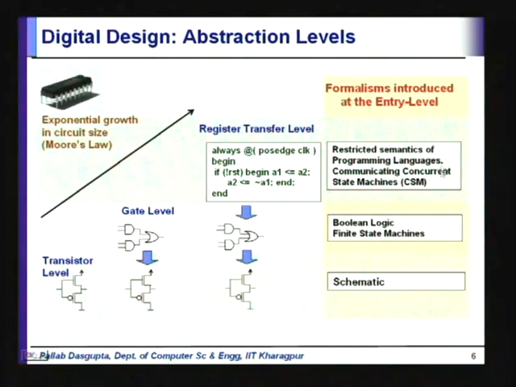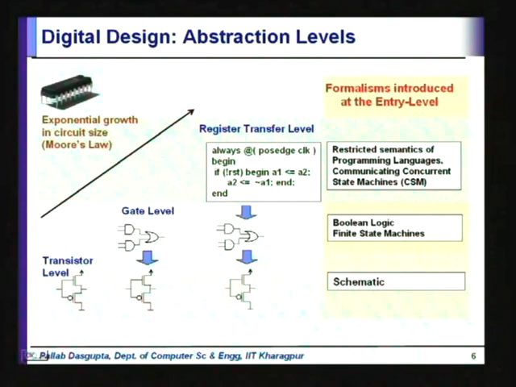Now, raising it even further has the following problem, which is very important to understand. There is one thing which binds all of these, and that is logical equivalence. See, whether you specify here or here, the bottom line is it exactly specifies a digital circuit.